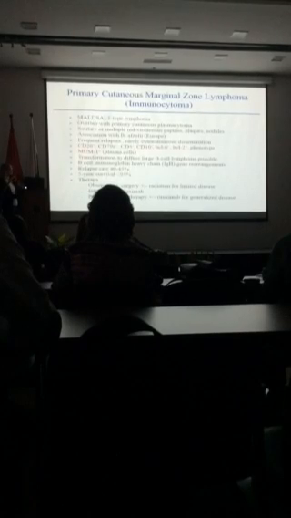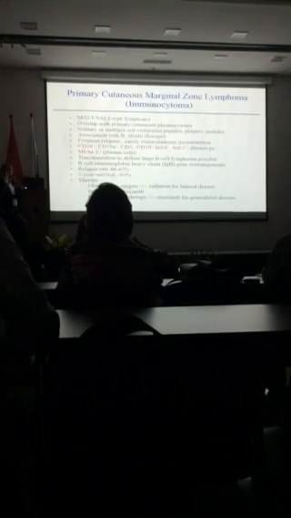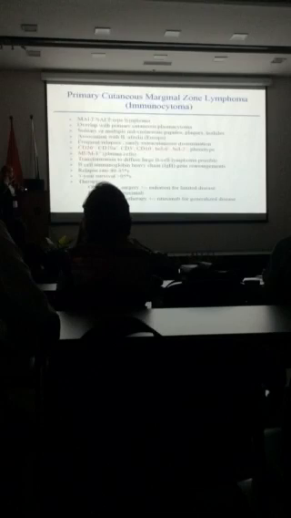You do find transformation into diffuse large B-cell lymphoma, but it happens rarely, and heavy chain rearrangements are found by molecular testing. The relapse rate across publications is really high, 40 to 45%, but there is excellent overall survival. The 5-year survival is over 95%.